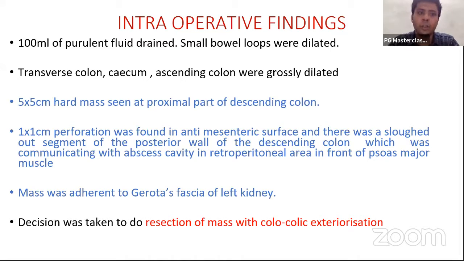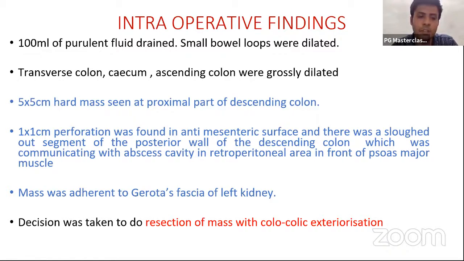We straightaway went for exploration. Yes. Intraop, 100 ml of purulent fluid was drained. Small bowel loops were dilated, while transverse colon, cecum, ascending colon were grossly dilated. There was a 5 by 5 centimeter hard mass seen at the proximal part of the descending colon, and on further dissection there was a 1 by 1 centimeter perforation on the anti-mesenteric surface, which was sloughed out.